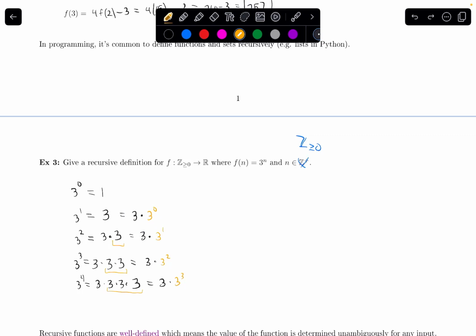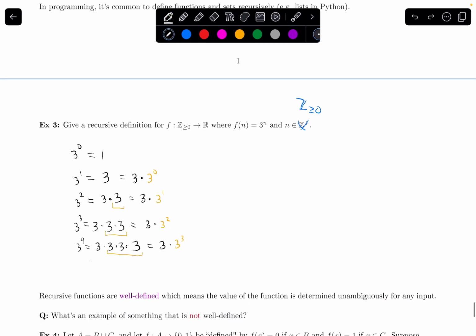Okay, so in general, my rule is if I was looking at 3 to the n, this is going to be equal to 3 times 3 to the n minus 1. And just using an exponent property, I see that, yeah, that's 3 to the n. So, okay, now we have the idea.